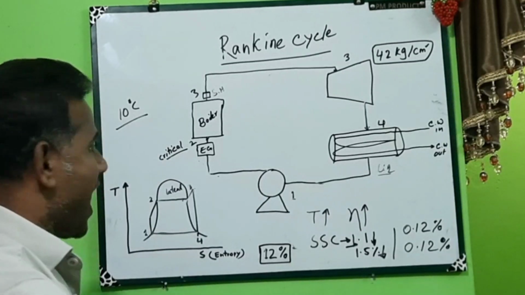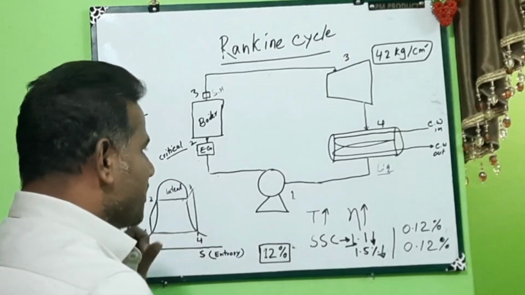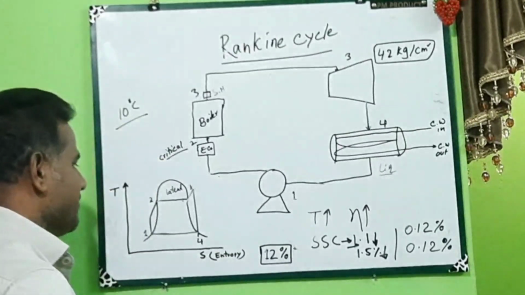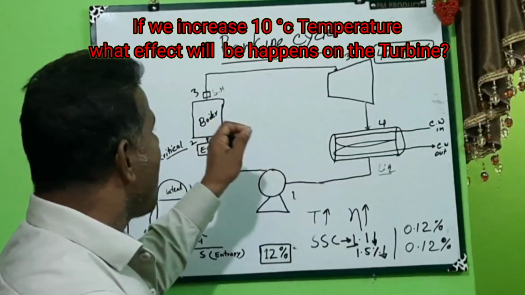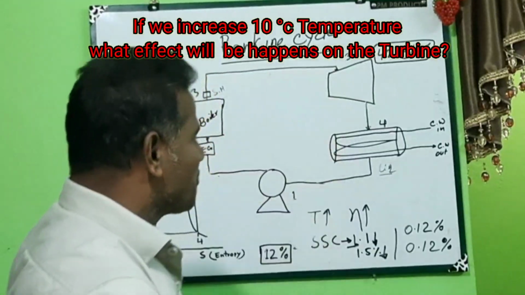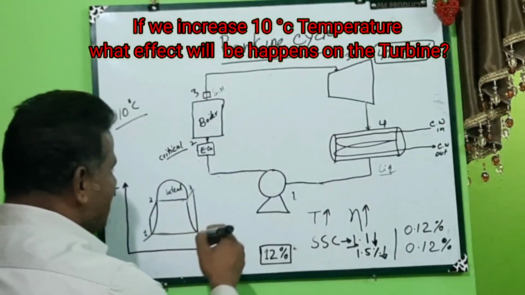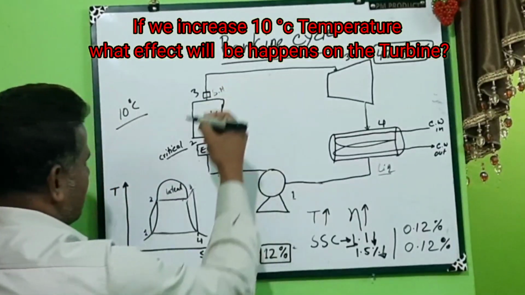So now I will explain what effect will happen on the turbine if we increase the temperature, say by 10 degrees. Today's topic is this. Normally the temperature increase is possible at the superheater.